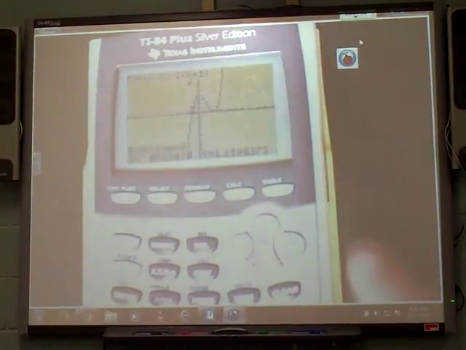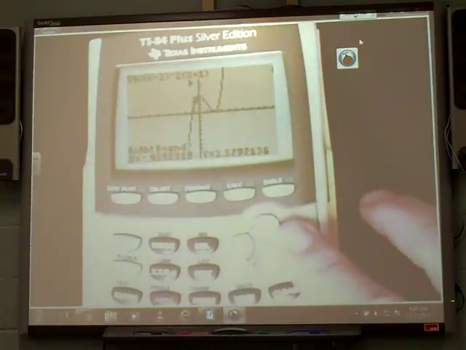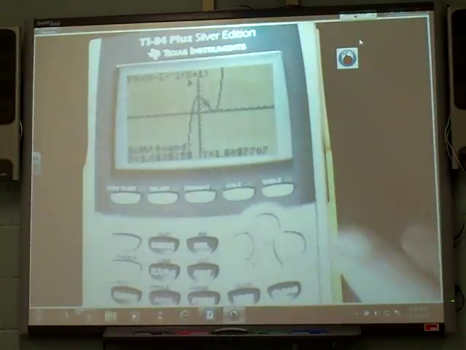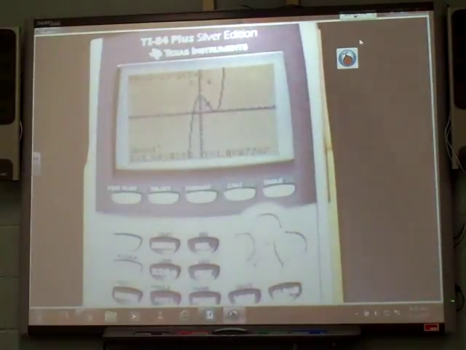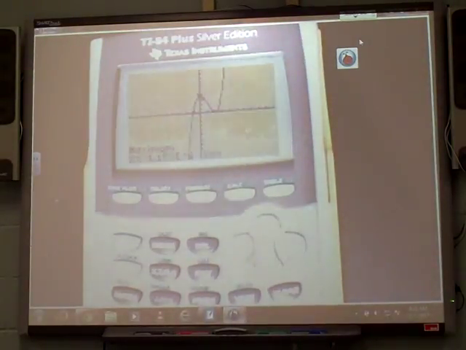Hit enter. Move it over to the right side of the mountaintop, somewhere right around in there. Hit enter. Say, yep, I'm ready. So at about 0, 4. Can you read that? That's what that's talking about. At about 0, 4 is where that mountaintop would be.